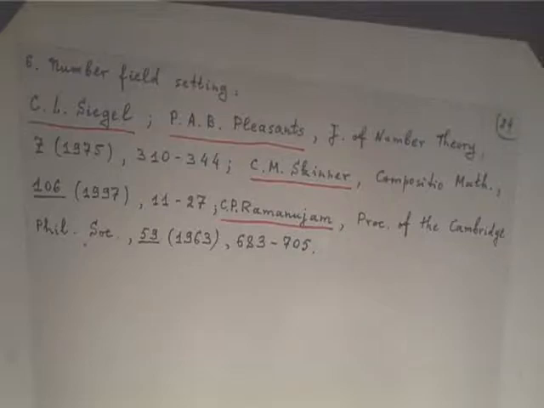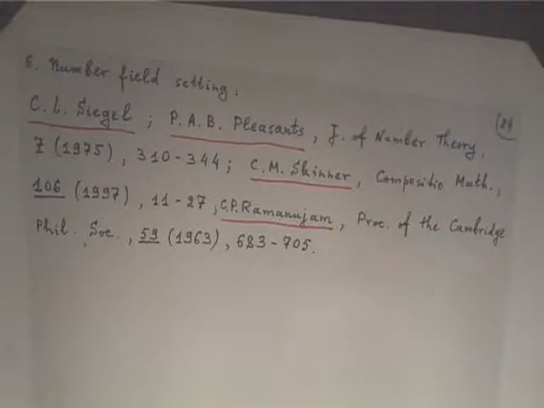A definitive exposition was given by Pleasance, who generalized the 16 variables Davenport theorem to number fields. He refers to the previous authors, but he sets up the whole machinery and surprisingly obtains the same result as Davenport.